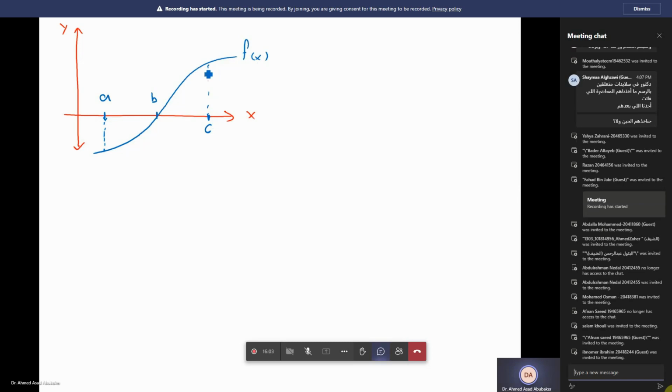So we have two regions. One under the x-axis, this is for example A1, and the second A2 above the x-axis.